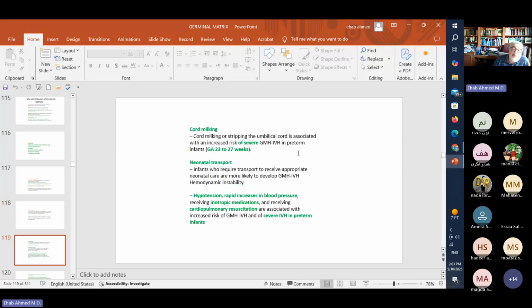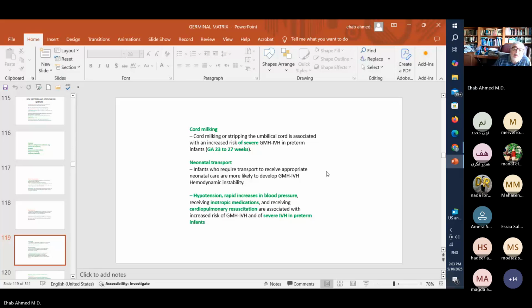Cord milking. Delayed cord clamping is appropriate for a preterm baby, but cord milking is not a good idea for preterm babies between 23 and 27 weeks, and this could be a risk factor for GM-IVH. Neonatal transport, if you have a baby coming from Kafr Dawar, the people doing the transport should do it in a very gentle way.